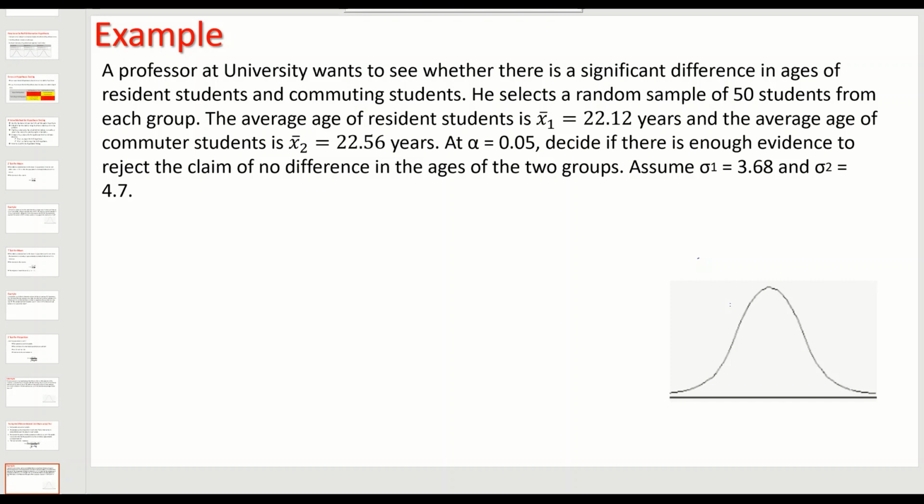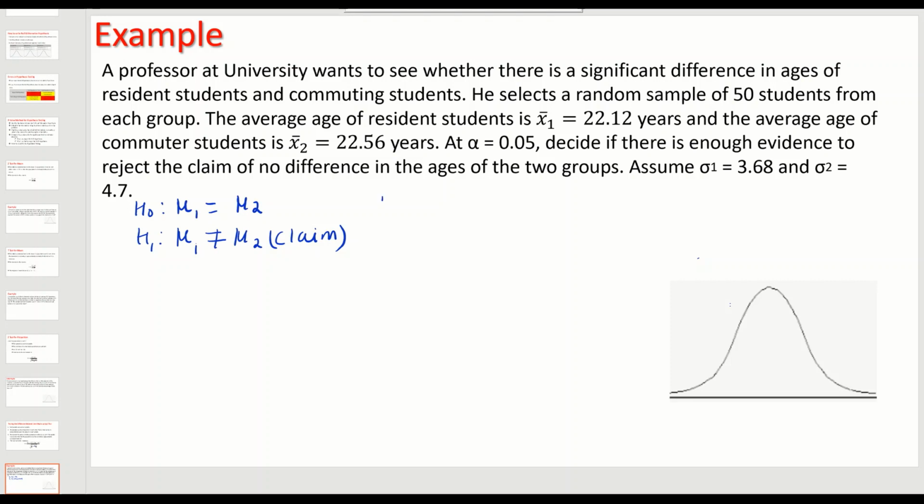So we are looking at the claim, and we want to see whether or not this is true. That should be H1, the alternative hypothesis, because it has a not equal to sign. So obviously your null hypothesis will be mu sub 1 equal to mu sub 2. This is what we know.